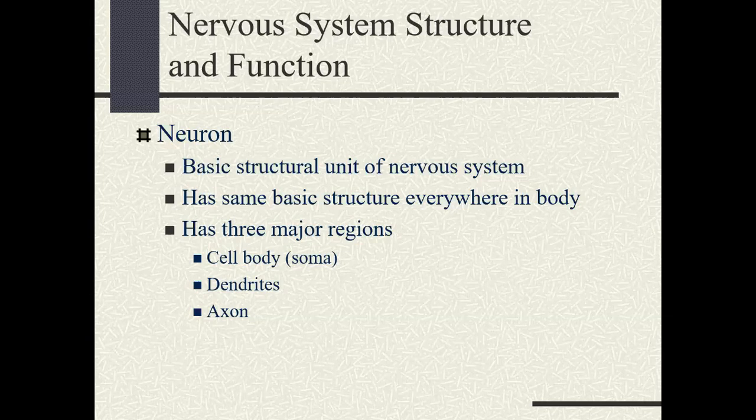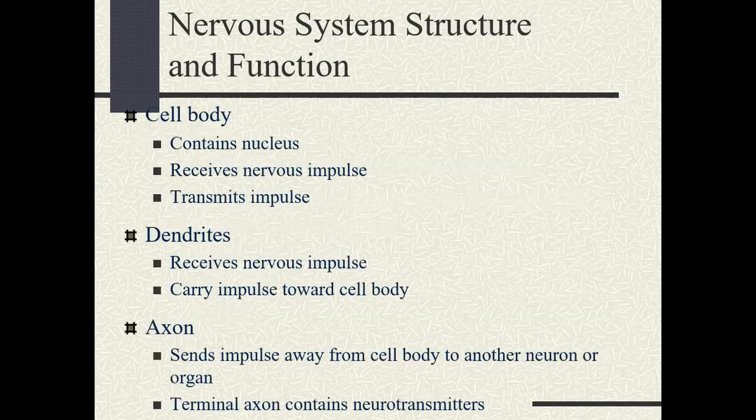It's going to have three major regions: the cell body, dendrites, and axons. And this is how our signals are going to be carried. So within the cell body, we're going to contain our nucleus, which is going to be receiving our nervous impulse. And then it's also going to transmit our impulses.